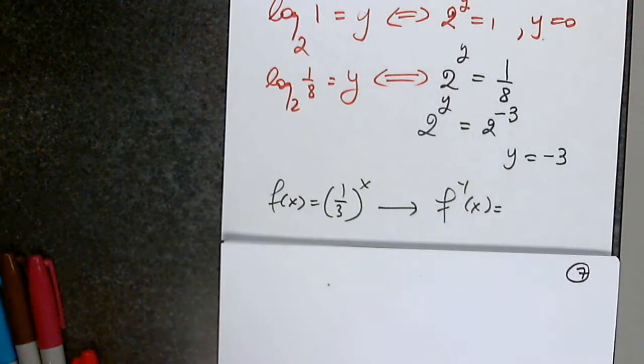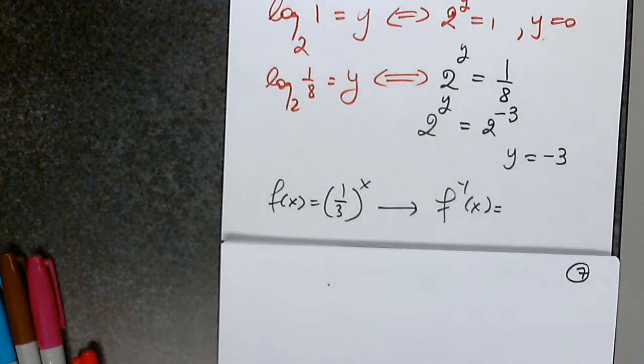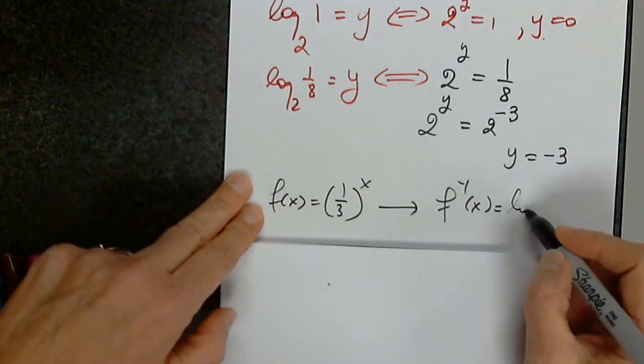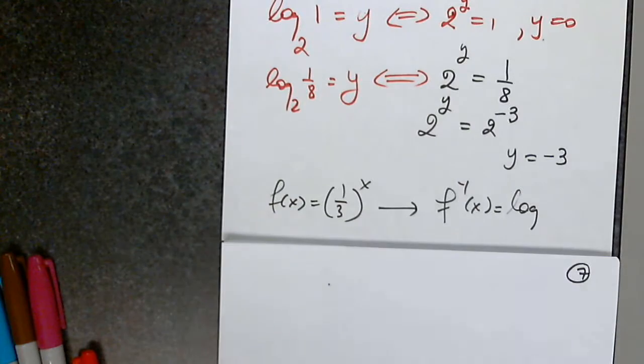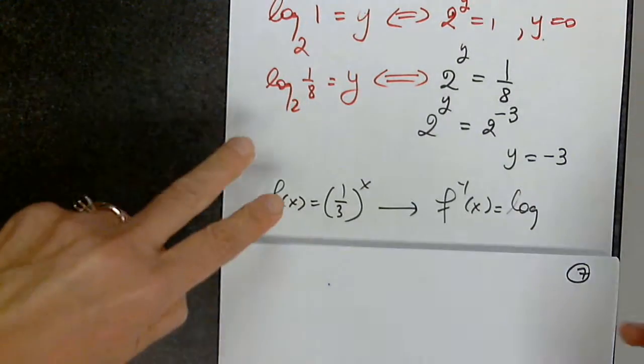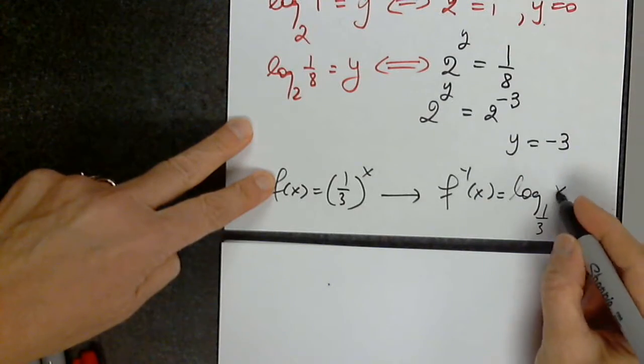If bases are not the same, the mechanism is broken. It's not going to work. Yes? Yes. So it has to be log, L-O-G, it must. Now, what is the base? Of course, it has to be 1/3 of x.